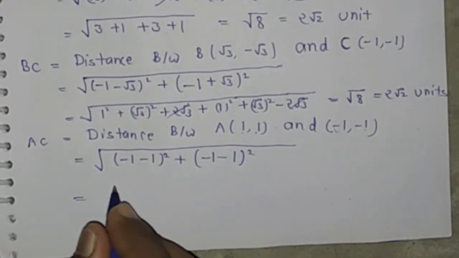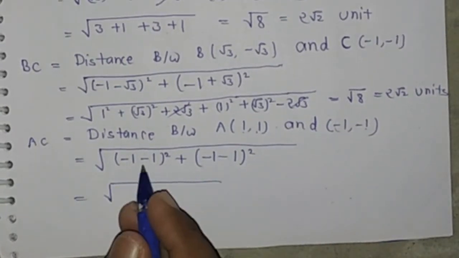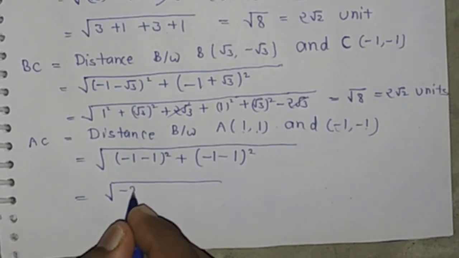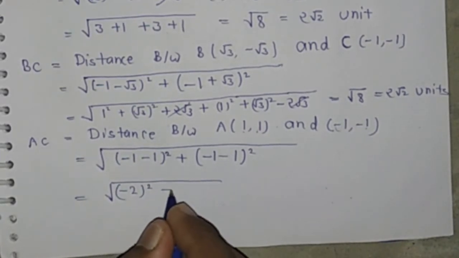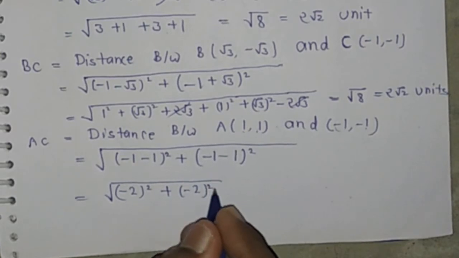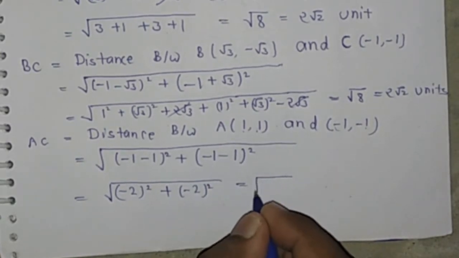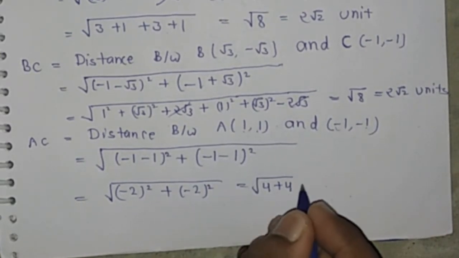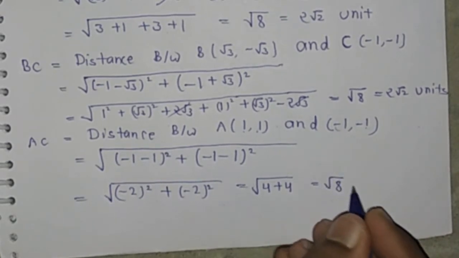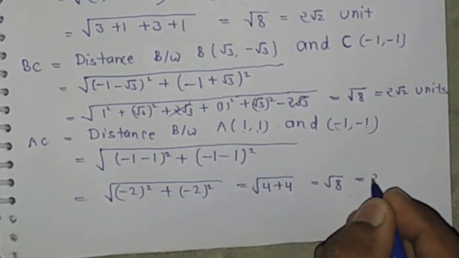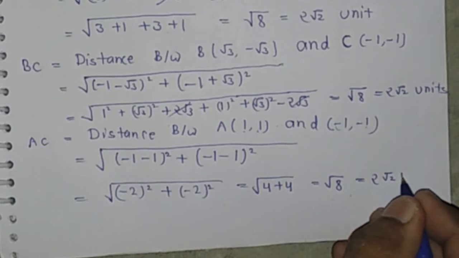Open the bracket, we have (minus 2) square plus (minus 2) square, and 4 plus 4 means root 8, which is 2 root 2 units.